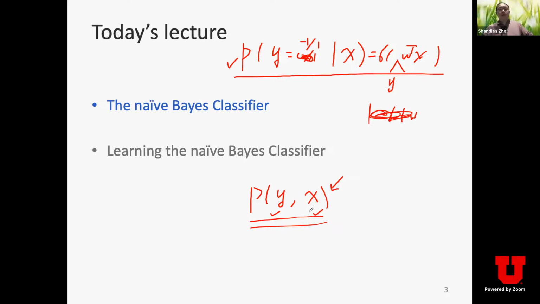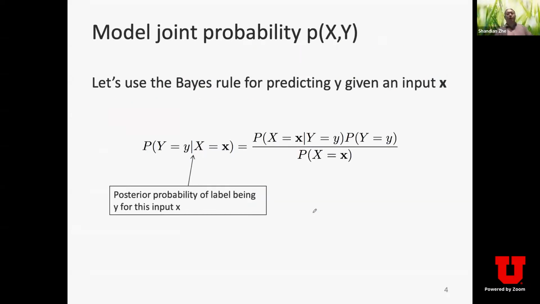If you want to model the input vector X, you have other challenges, so you need to make some simplifying assumption to make this easier. That's the general idea: we're going to model the joint probability of your input feature vector X and output label Y. So if we want to predict the label Y given some observed input X, what can we do?